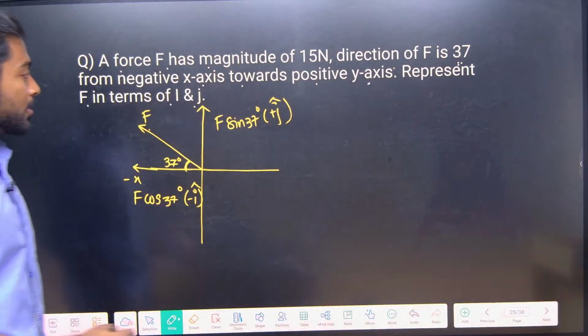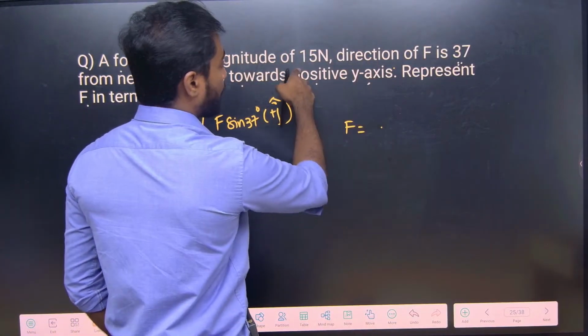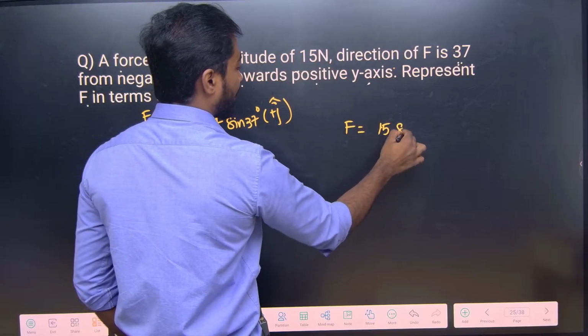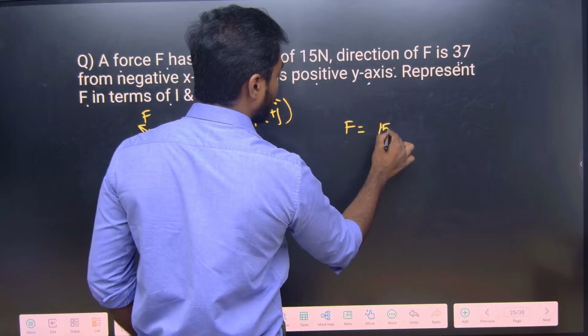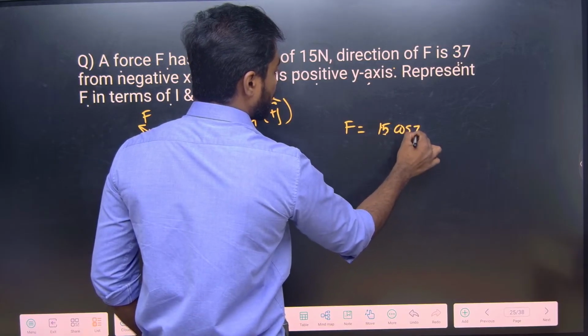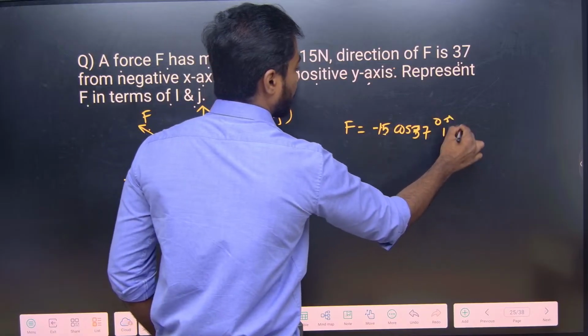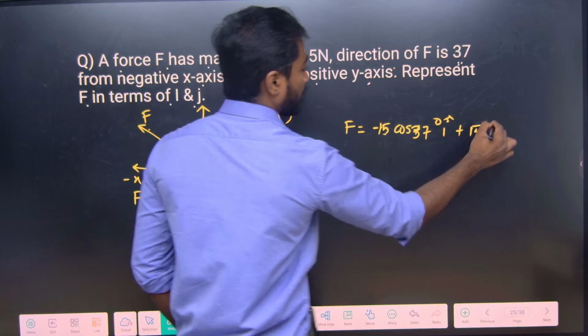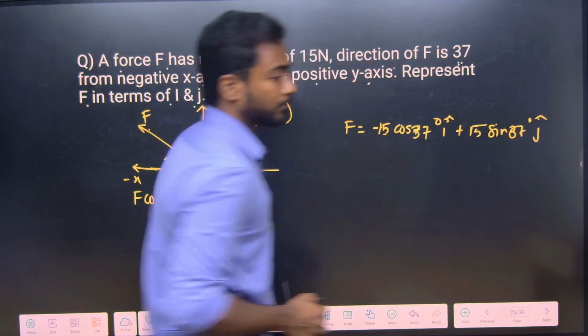So F is equal to 15 Newton, cos 37 degree, minus i cap, plus 15 sin 37 degree j cap.